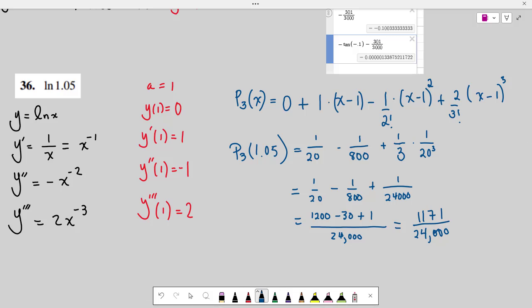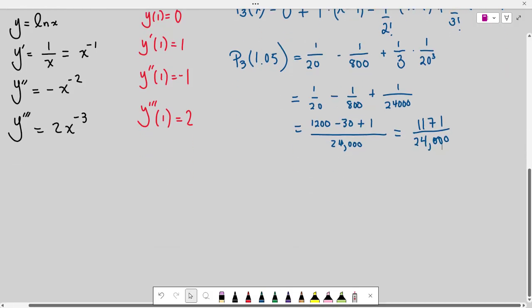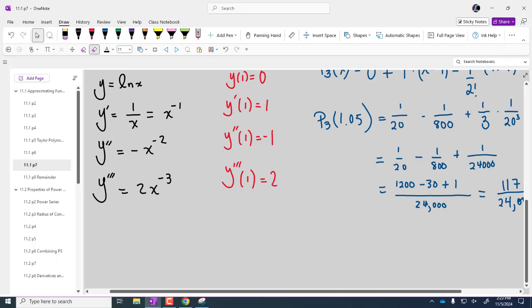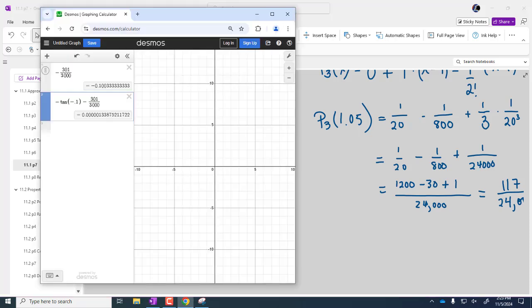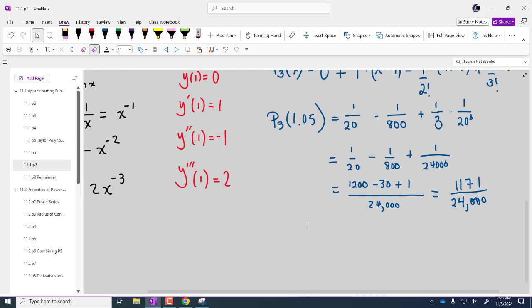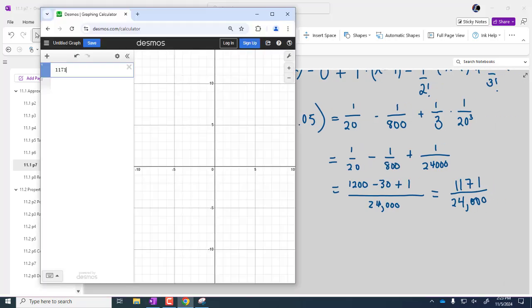Let's see how close it is. All right, let's see. So 117. And what was the function, natural log of 1.05? 1.05.